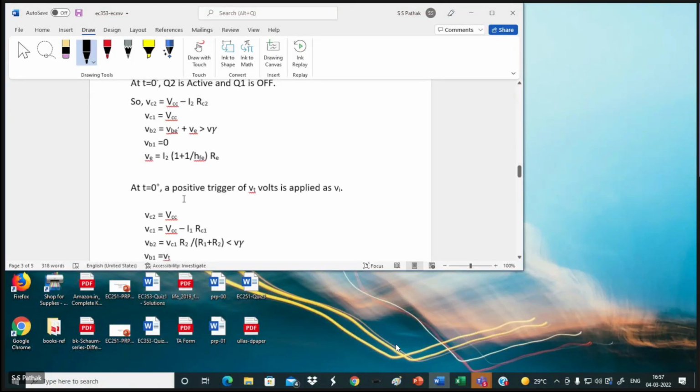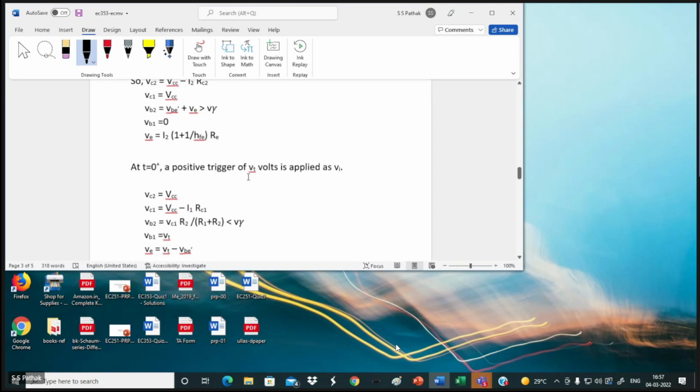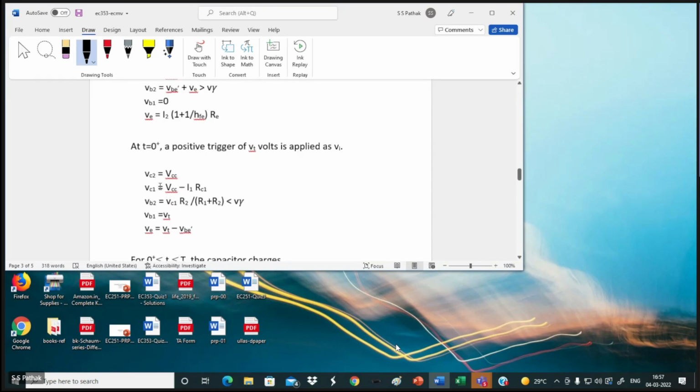Okay, trigger is applied, after that trigger is gone. So at t equal to 0 plus, positive trigger I have applied. These are the voltages at various places. C2 is the second transistor collector, V2 is the second transistor's, and 1 etc. are for the first transistor, like that. So that way these voltages are coming. Emitter is the same for both of them.